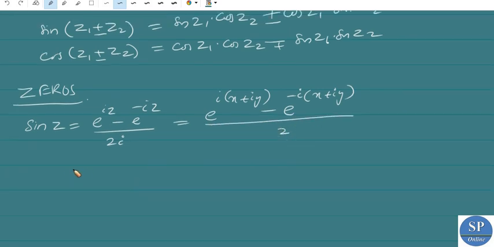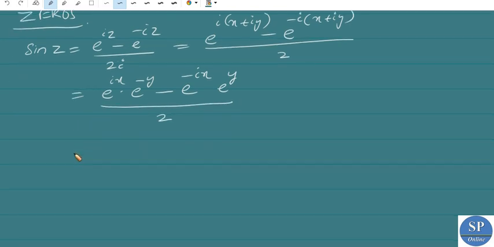This is e^{ix} · e^{i²y} − e^{−ix} · e^{−i·iy}. Here i² is negative 1, so e^{i²y} is e^{−y}, and e^{−i²y} is e^{y}, all divided by 2i. Clear.